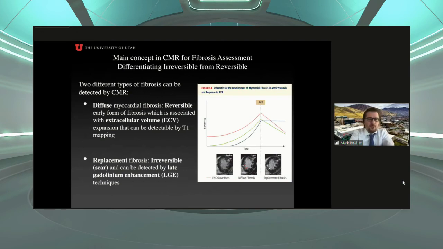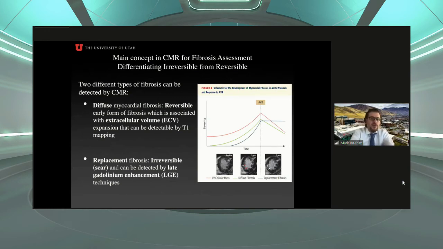Basically, there are two components you can detect on cardiac MRI in terms of myocardial fibrosis. The diffuse myocardial fibrosis, a reversible form called early fibrosis, you can detect by measuring a parameter called extracellular volume of the myocardium and another called T1 mapping of the myocardium.